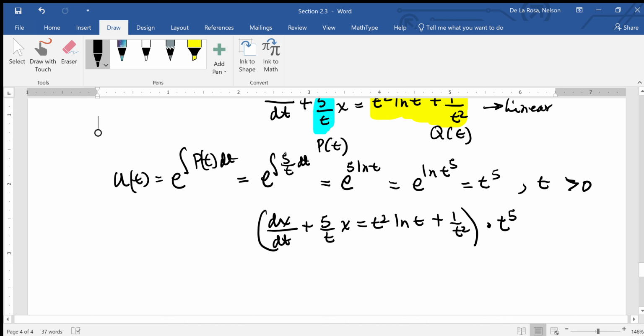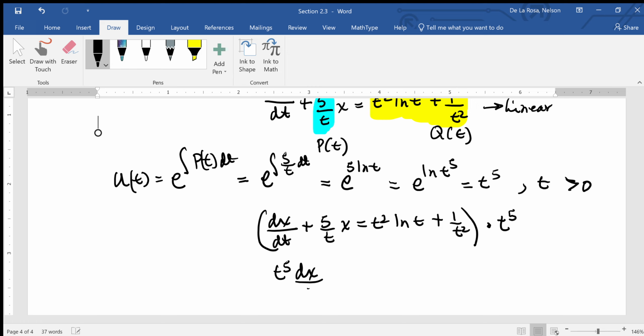Once we do that, we have t to the fifth dx/dt plus 5t to the 4 times x equals t to the 7 ln of t plus t to the third.